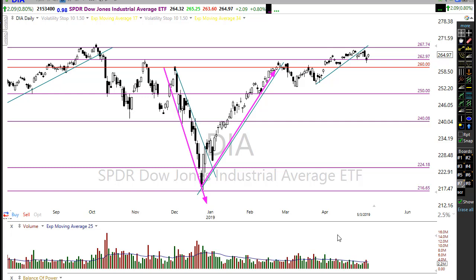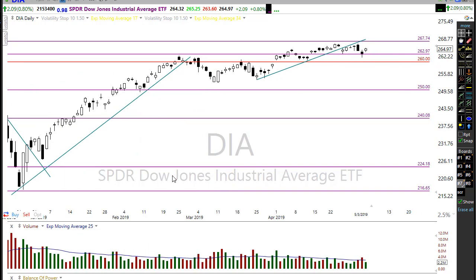Right? Couldn't this have done just exactly this, moved up and broke back down to a new low? Yes, of course. Just like it did here. Just like it did here. So we have to wait for the pattern to develop.